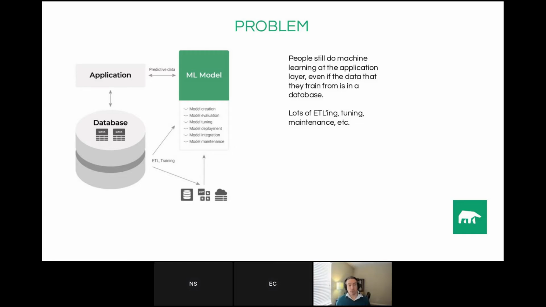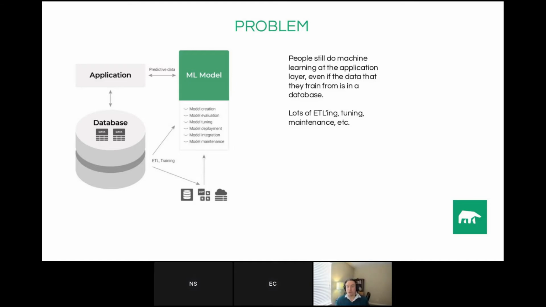In order to train your model on your data, you have to extract the data from various sources often. You have to transform it. You load it into your machine learning application. And then once your predictions are done, you reverse the process and you take your predictions and put them back into your database or load them into your BI tool.